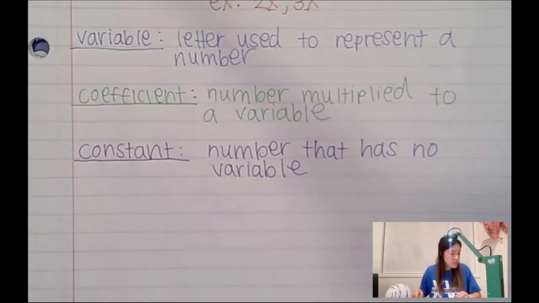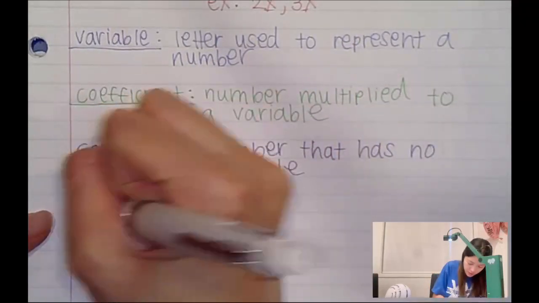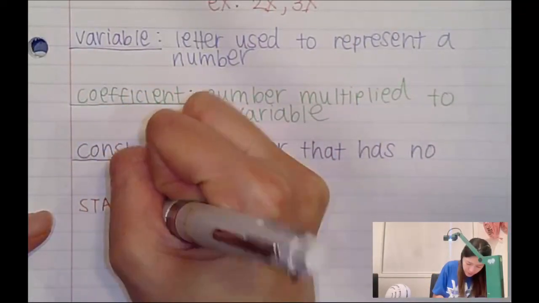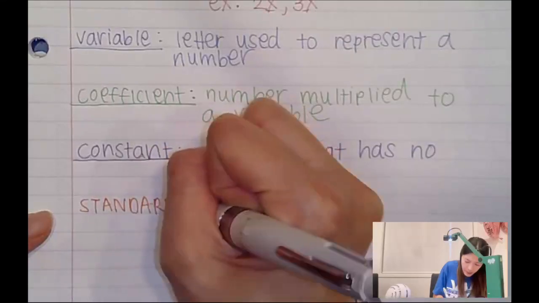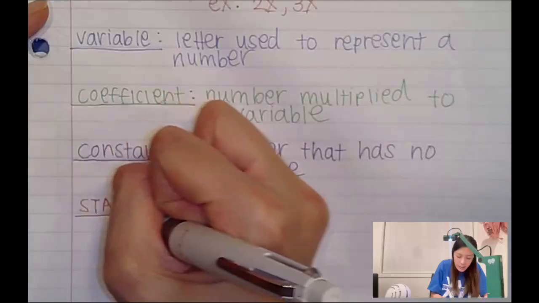Okay, let's continue. The next word that we're going to put in is standard form, and this one I'll put in orange. Standard form is a way that we organize our algebraic expressions.